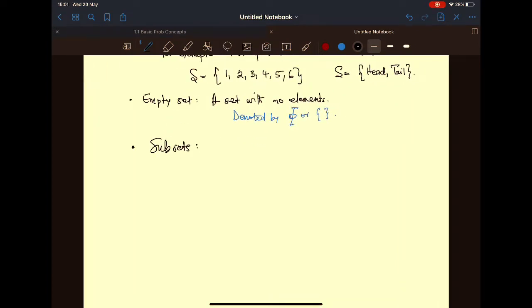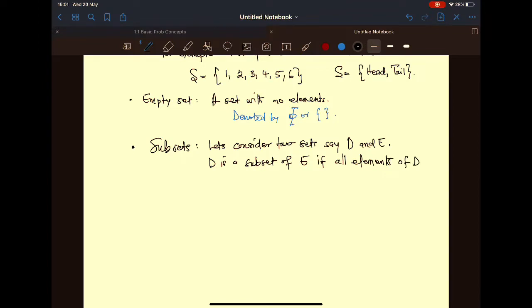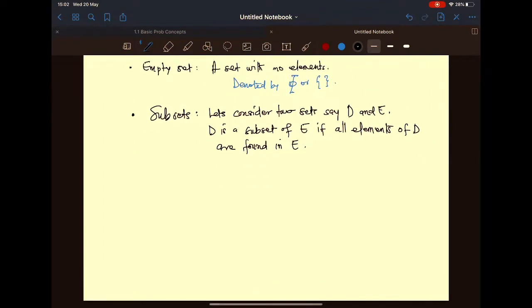Now let's consider two sets, say D and E. Now we can say that D is a subset of E if all elements of D are found in E. So if all elements of D are found in E, then we say that D is a subset of E.